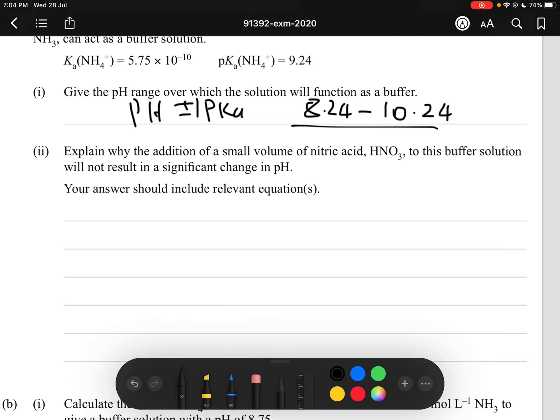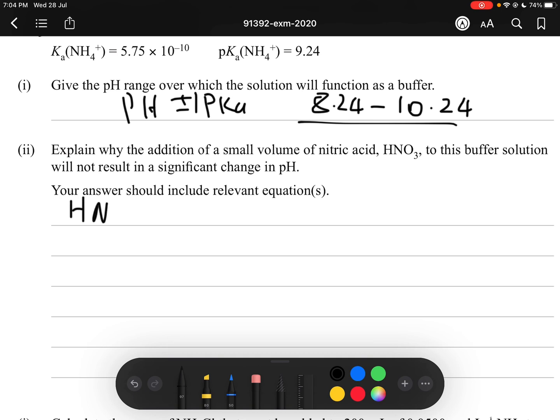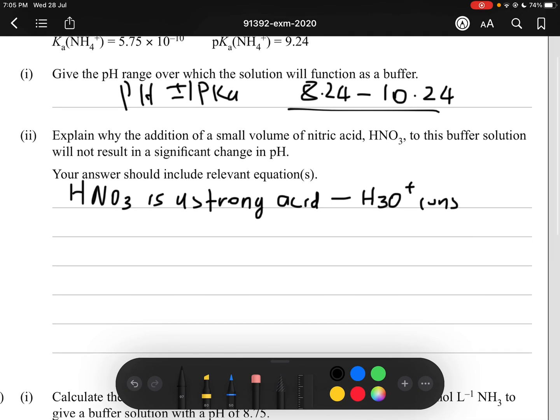So for this question, we can say that HNO3 is a strong acid. So it fully dissociates in water, so we can say it's going to produce some H3O plus, hydronium ions, in water.